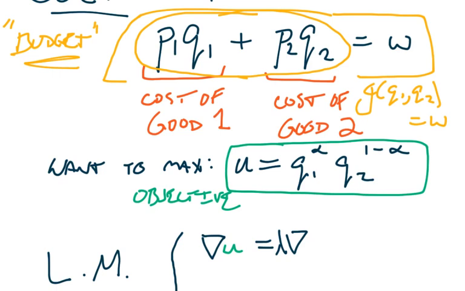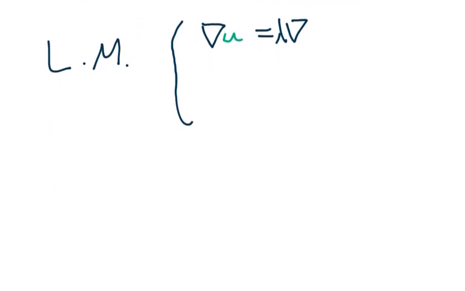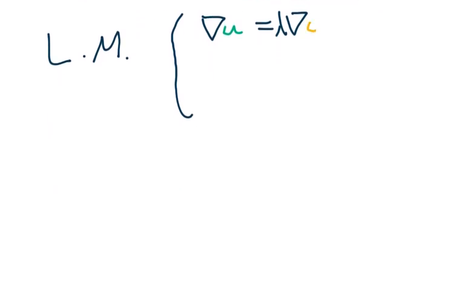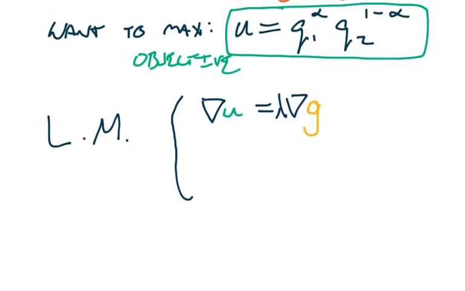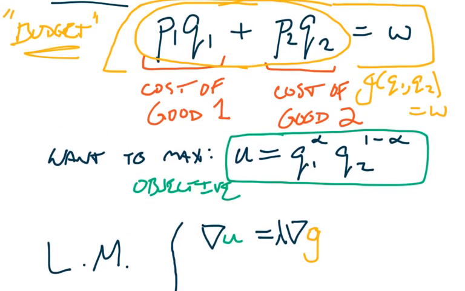And so, going back down here to our setup for our Lagrange multipliers, I can say that the gradient of u should be equal to lambda times the gradient of g, and we know what u and g are supposed to be, based on u being this utility function, which is in the green box, and g being this budget constraint that's in the yellow circle there.